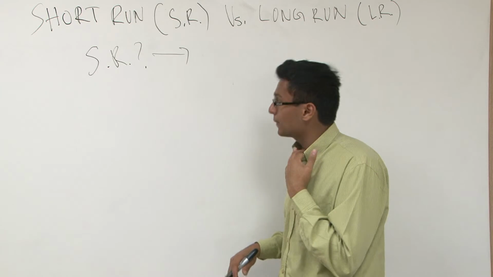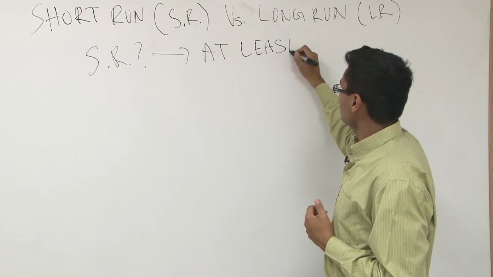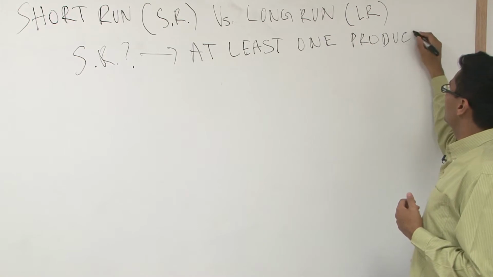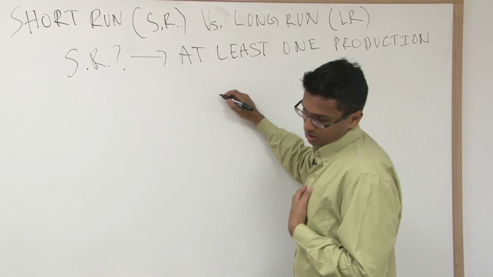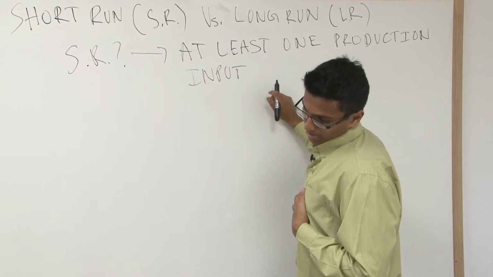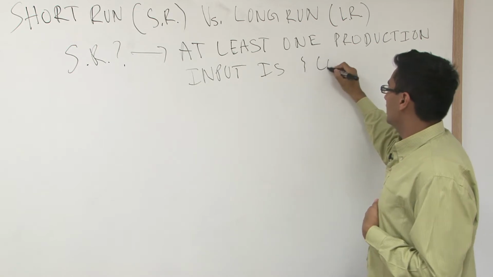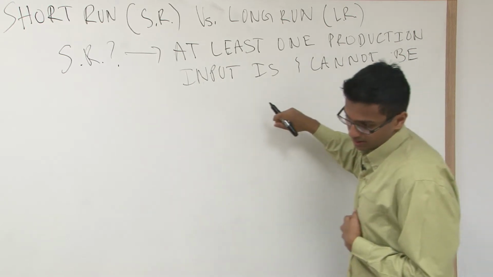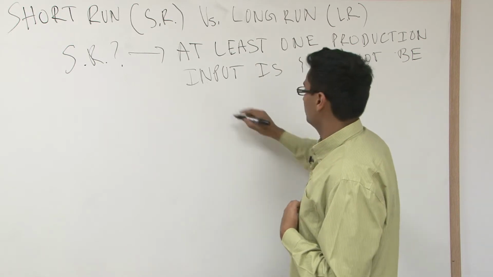Now, short run is that, what we say is that in the short run, at least one production cost, or input, rather, is fixed and cannot be variable.